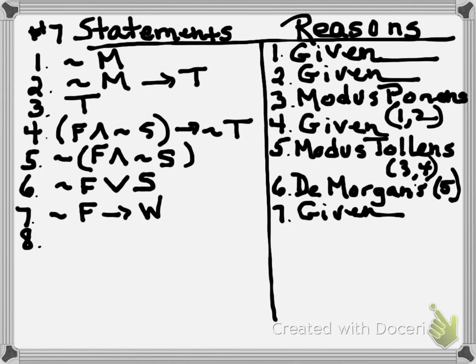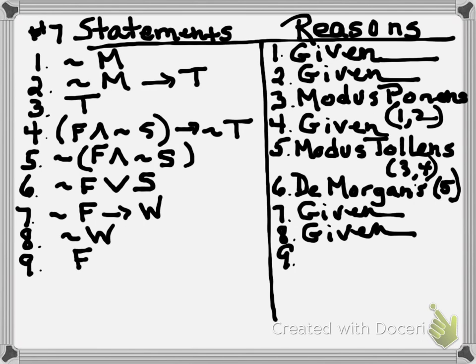I'm going to bring in not W, and that's given. Then I'm going to put these two together. The negation of the conclusion means the negation of the hypothesis, which is F. By modus tollens. Lines 7 and 8.